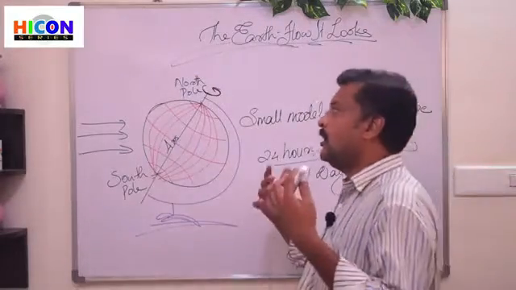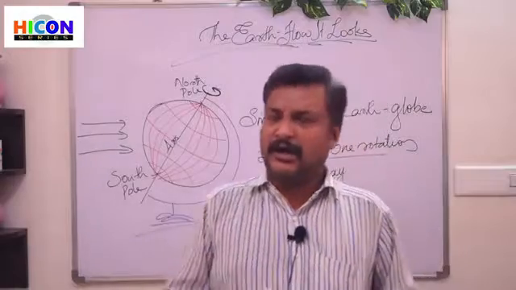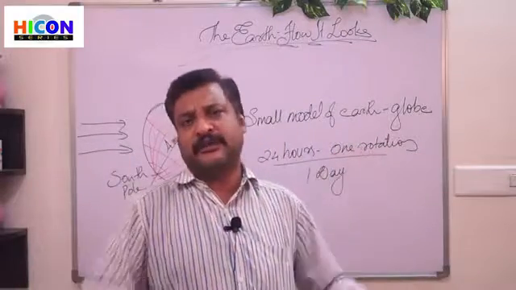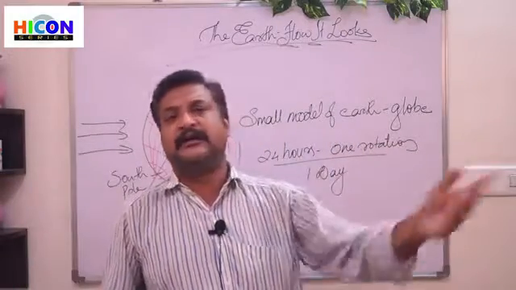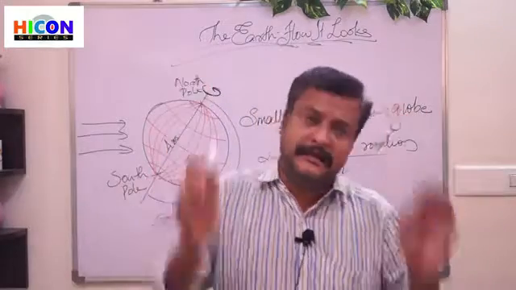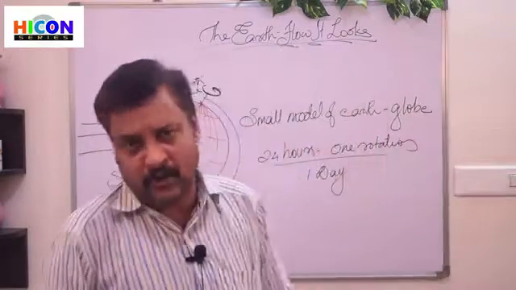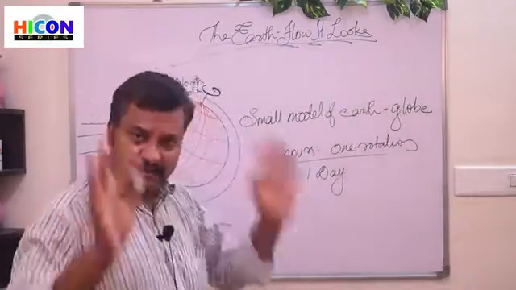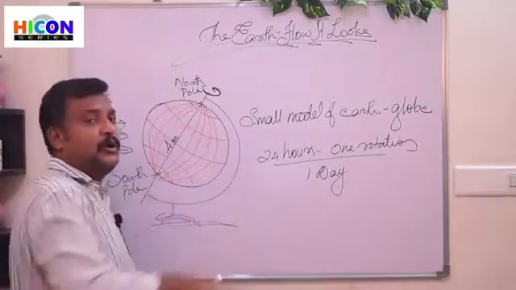Right? So we have seen a large amount of the earth's surface is made up of water, and there are some land areas also. All the land areas, all the water bodies, oceans, seas, everything will be printed on this globe.